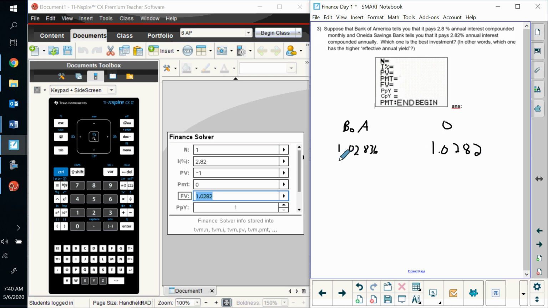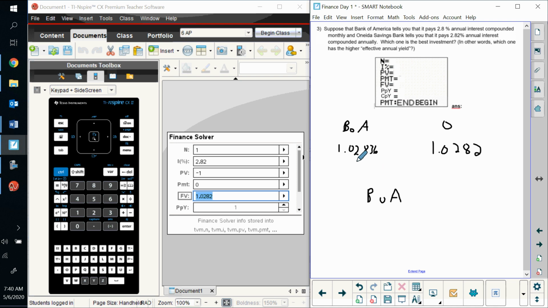Okay, so we want to know which one's the better investment. Well, Bank of America is the better investment because if you look, you get a little bit more. So basically, 0.00016 more of $1 you'll get from Bank of America.